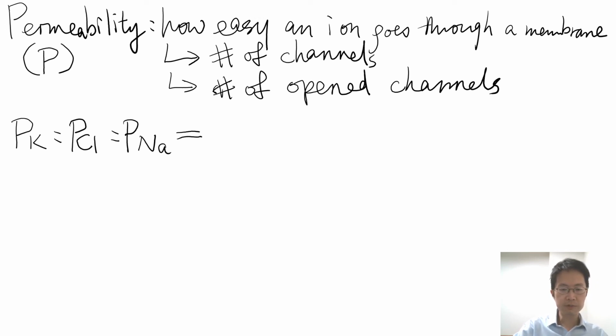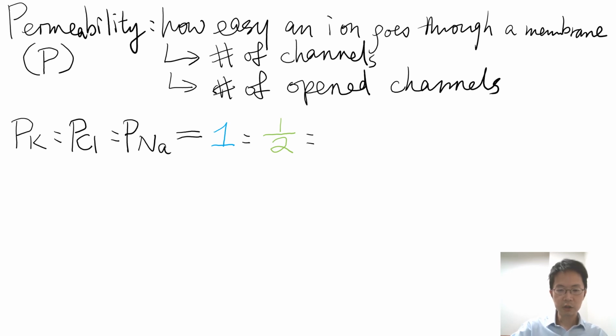So the permeability of potassium, let's assume it is 1. And then the permeability of chloride will be approximately 1/2. It is actually around 0.45, which is the correct number, but I round it off to 1/2 so that it is easier for you to estimate.